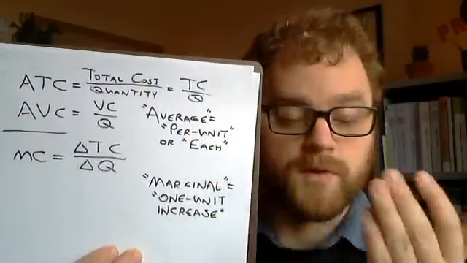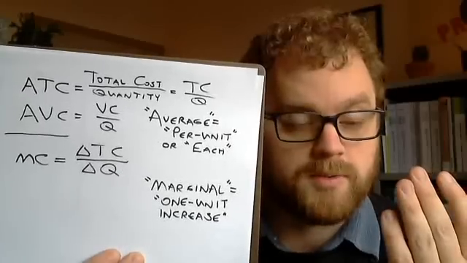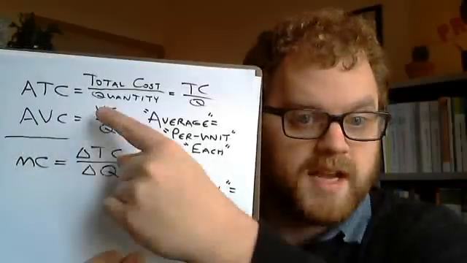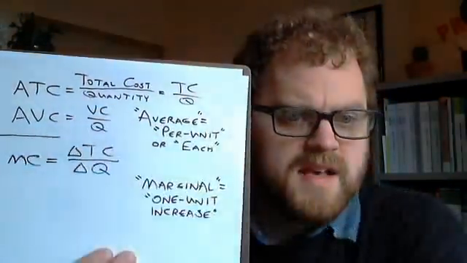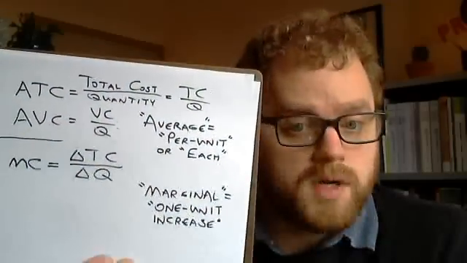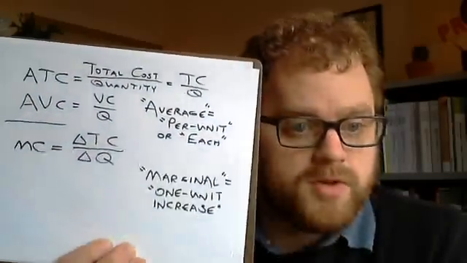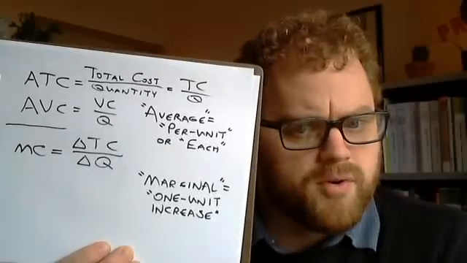So for example, in chapter 11, you'll see ATC. That's the average total cost, the average total cost of some level of production.